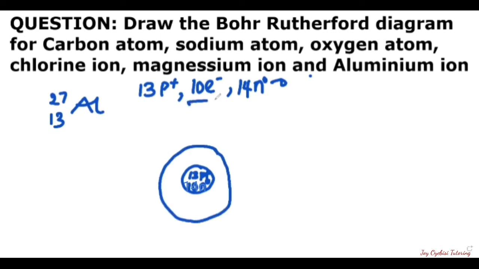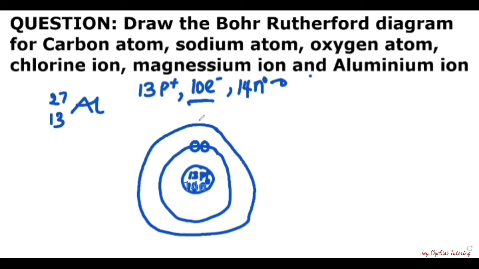Now this is what we're looking at. So we have 2 here, and the remaining is 8, which will give us 2, 4, 6, and 8. And this is the Bohr-Rutherford diagram for aluminium ion.